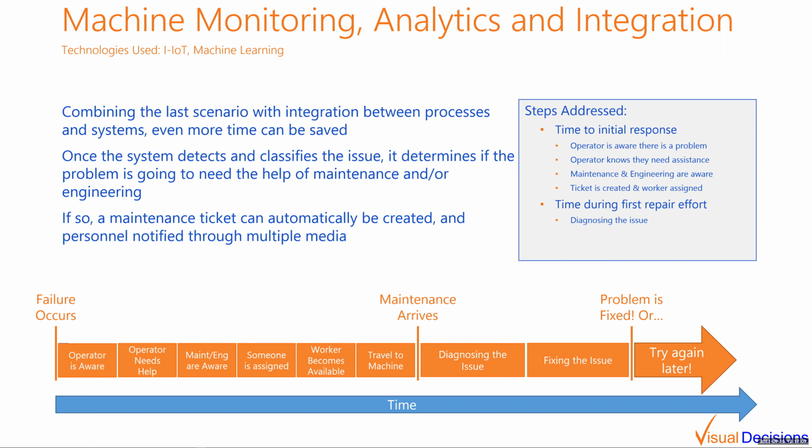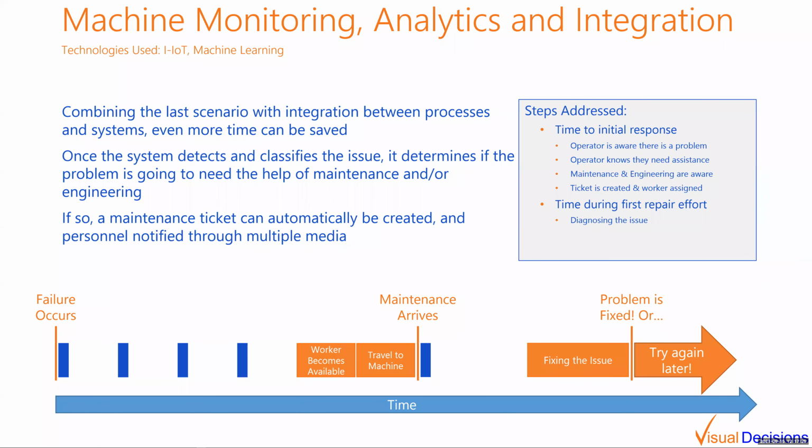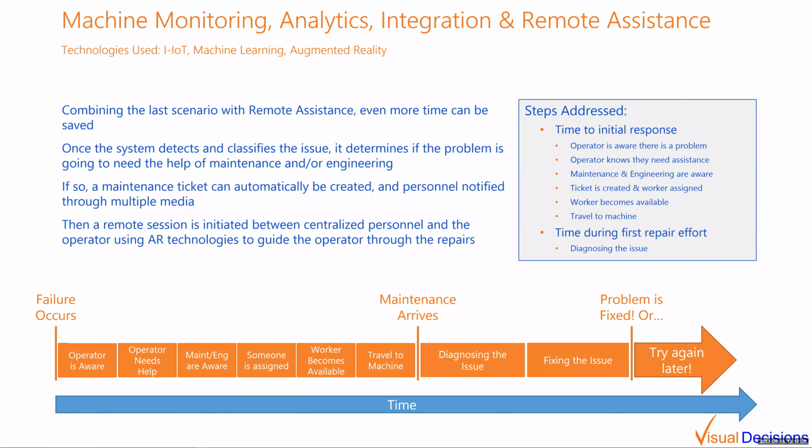Knowing what type of problem it is, we can work with that system automatically to assign the right type of person, whether it's an electrical failure or a mechanical problem, something like that. And we can even pull in engineering if we need to. And so by knowing what type of problem it is, we can automate a lot of this process and significantly shorten these cycles.